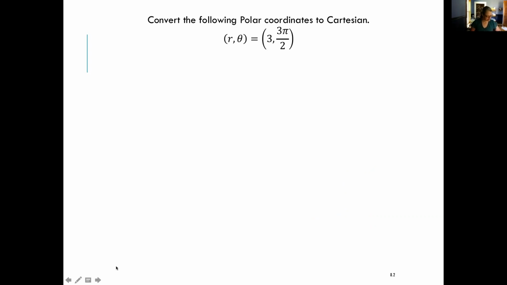So let's practice. Let's convert the point (r, θ), which is (3, 3π/2), from polar coordinates into Cartesian coordinates.